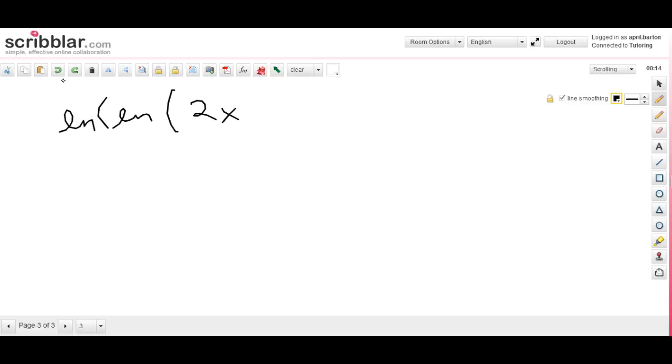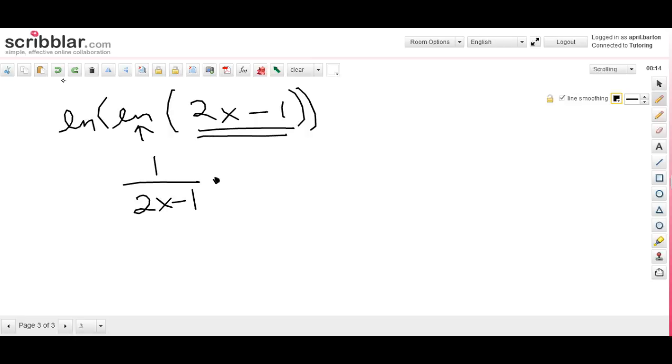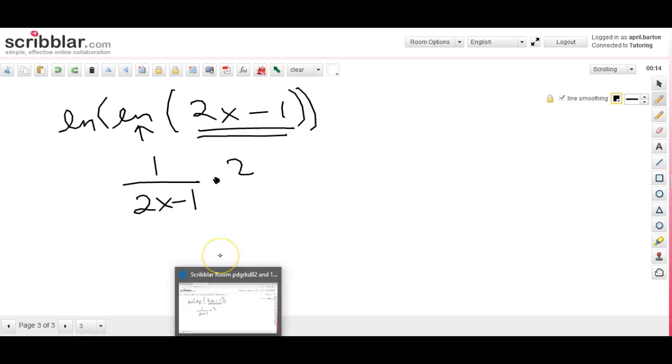I'm going to change it just a little bit. So we still work our way inside out. Derivative of this outside evaluated at this inside times the derivative of this inside, so the derivative of 2x minus 1 is 2. So that gives you the inside derivative.